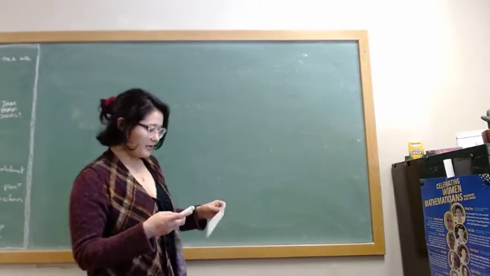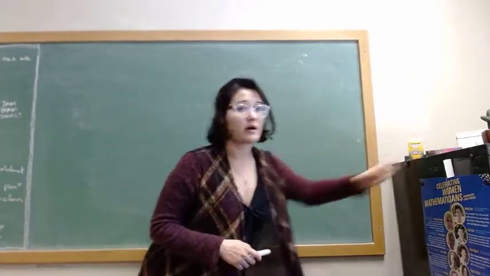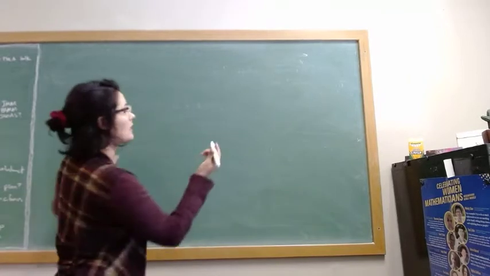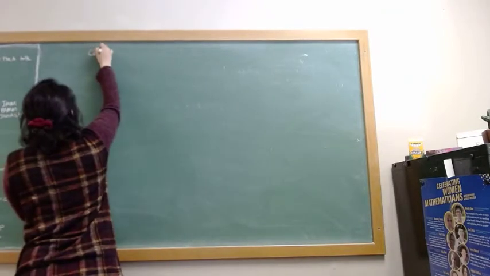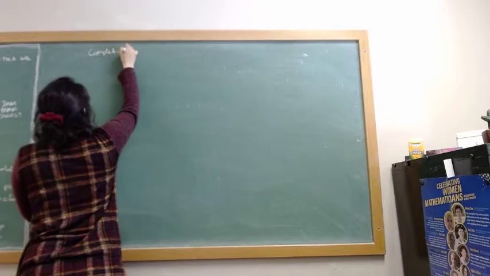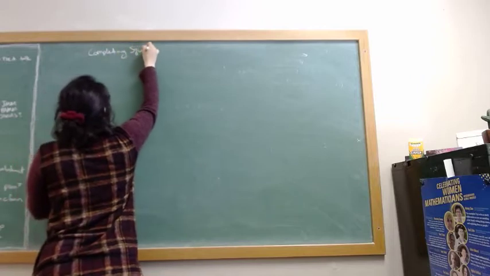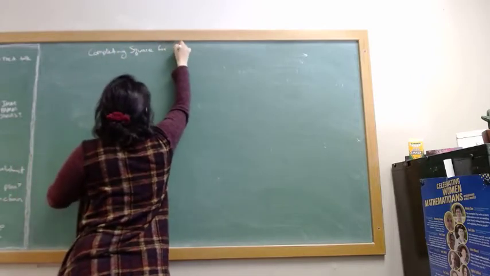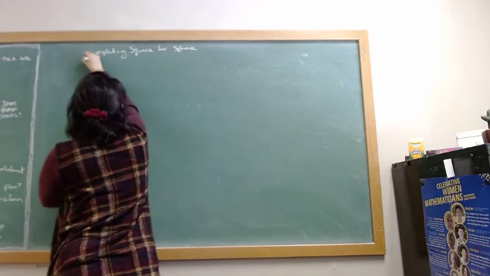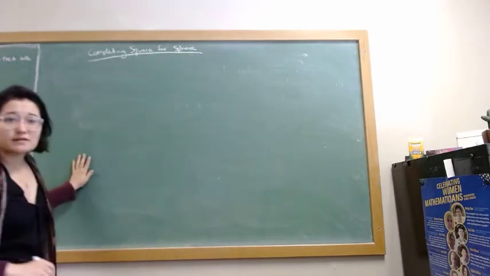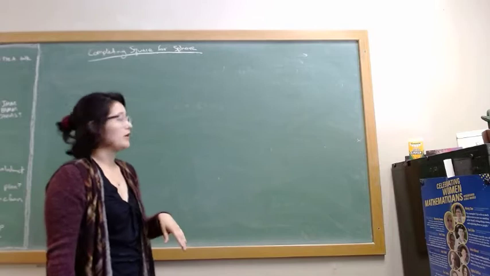Okay, so the next thing people wanted to talk about was that kind of tricky completing the square problem. The context was that this was related to the equation for a sphere.